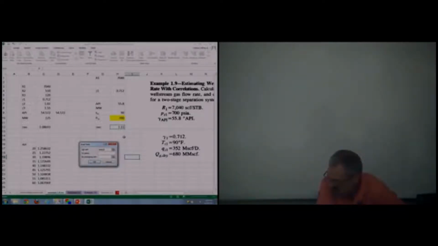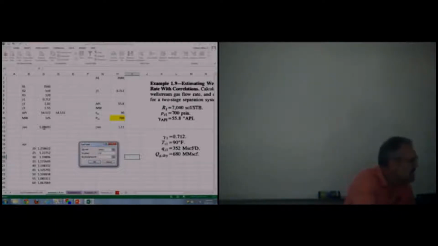What is that calculation to yield a value that I like, 1.08, we'll call it 1.087, by changing the separator pressure.